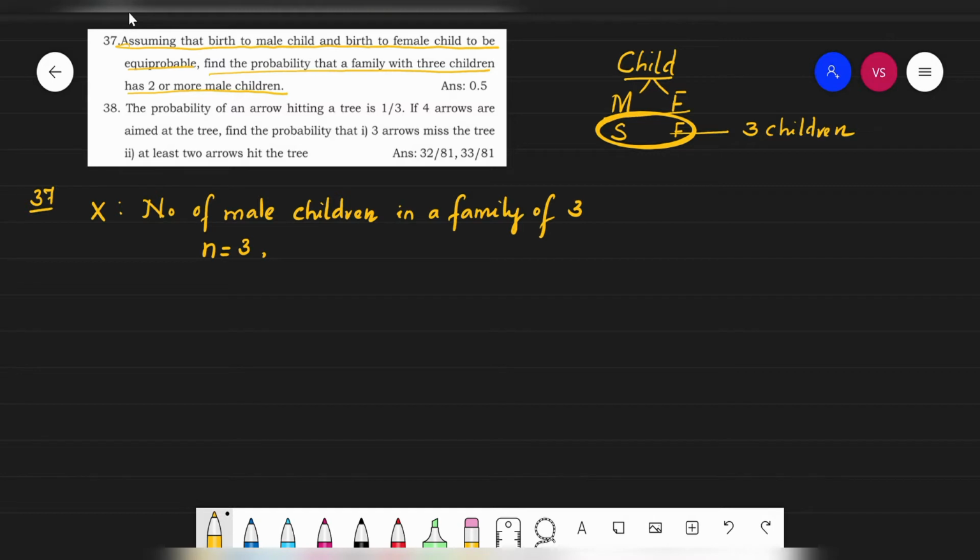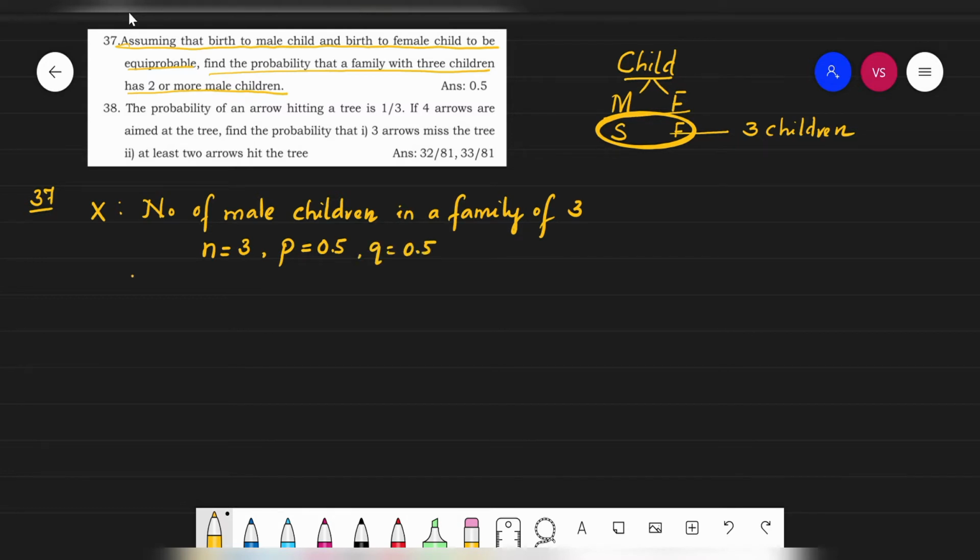If it is a binomial distribution, we should have p. They have not given that number anywhere, but they said, very simply, assume that birth to male child and birth to female child are equiprobable. Equiprobable means it is 0.5. The probability for a male child will be half, and the probability for a female child will also be half. Exactly 50% chance. So p is 0.5, q also will be 0.5.